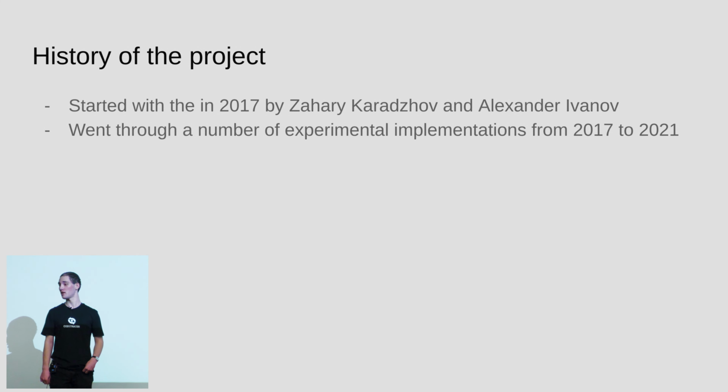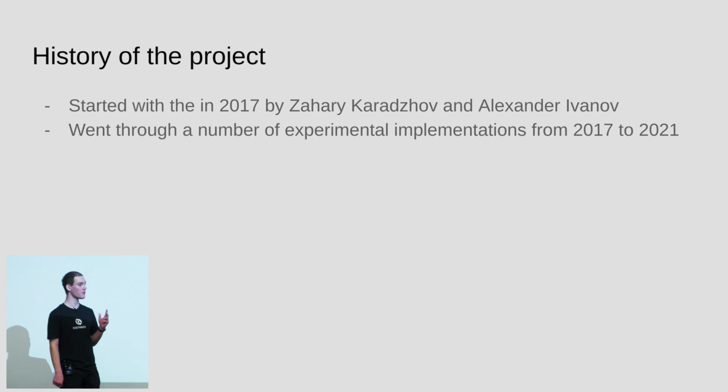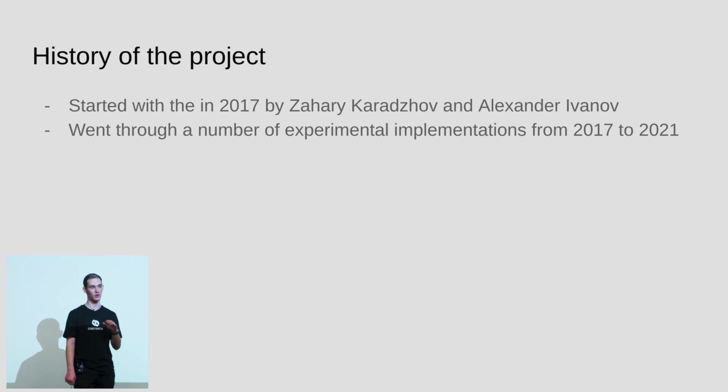And after a number of experimental implementations where they were the only two developers on the team, from 2017 to 2021, they figured out some concrete goals for the actual implementation of the real CodeTracer product.